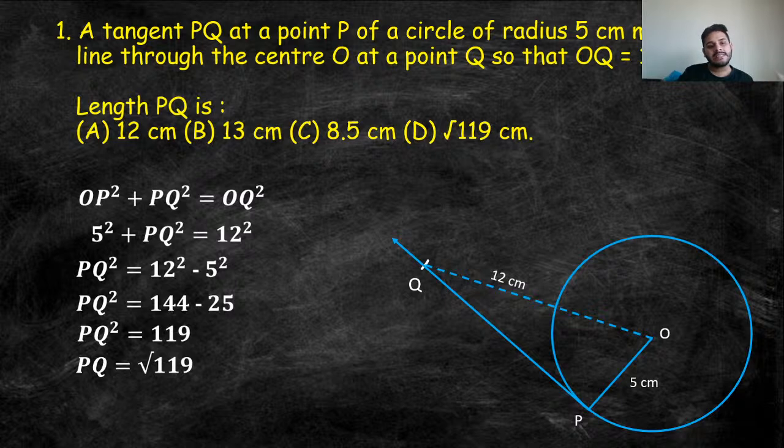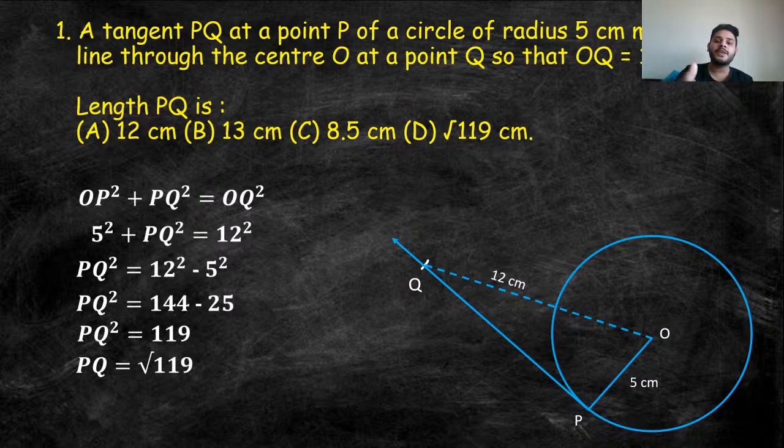While changing the sides of the numbers, don't forget to change their signs as well. So when 5 moves from the left hand side to the right hand side, make sure you are changing its sign. We get 12 square minus 5 square, which is 144 minus 25, which gives us 119. Now 119 is not a perfect square, so the value of PQ is root 119.